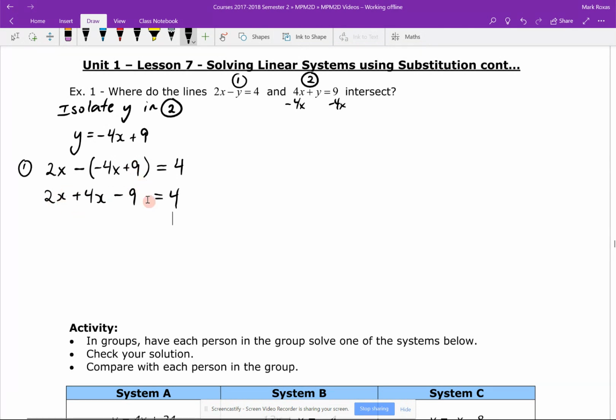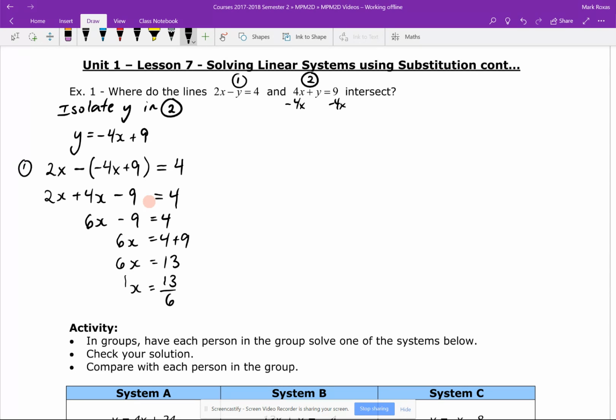So 2x plus 4x is 6x, minus 9 equals 4. And then if I add 9 to both sides of my equation, I will have 6x equals 4 plus 9. Let's just simplify this first. So 6x equals 13, and then x equals 13 over 6.